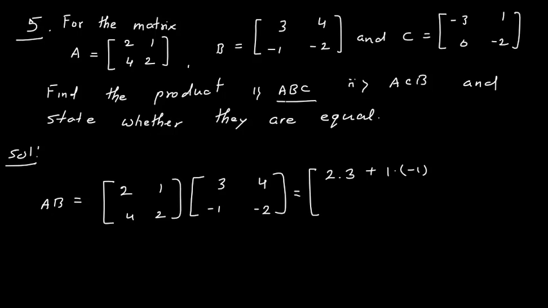Now this dot which I am writing, it is not decimal, but it is multiplication. But to avoid confusion, let us write in multiplication form only. 2 into 3 plus 1 into minus 1.